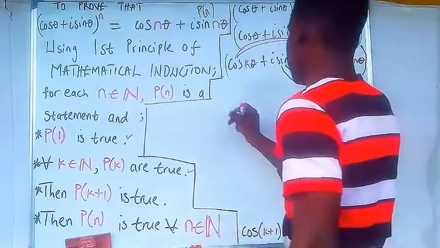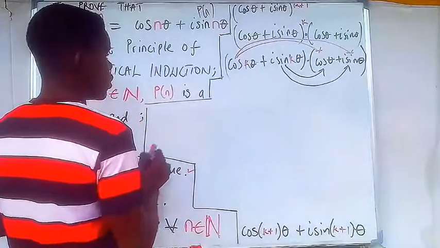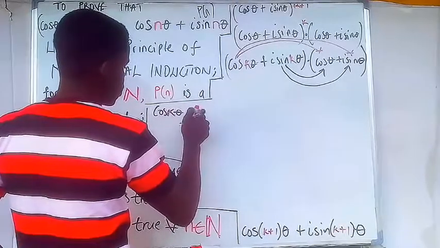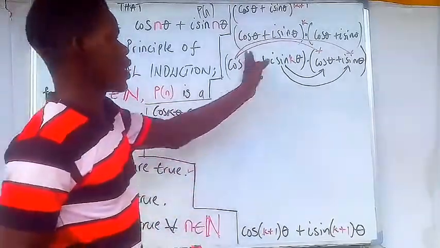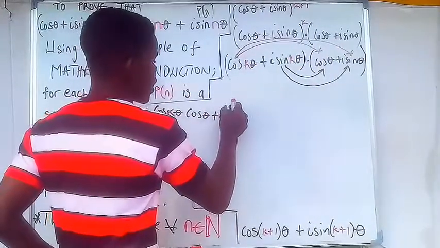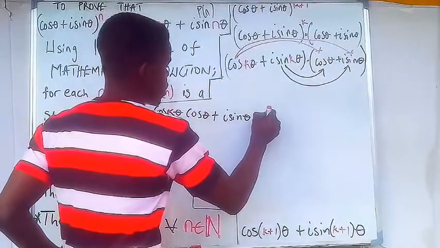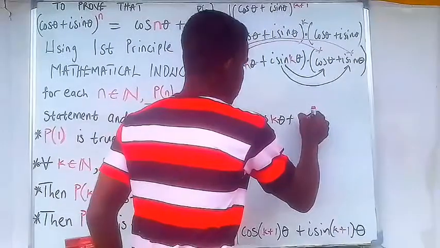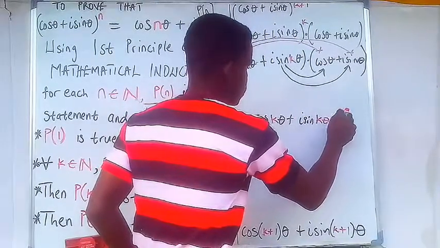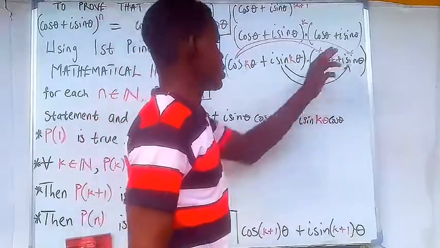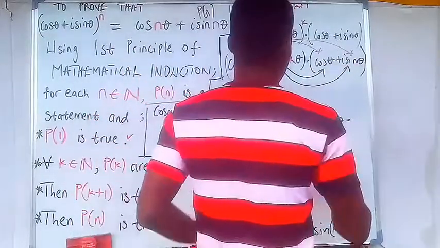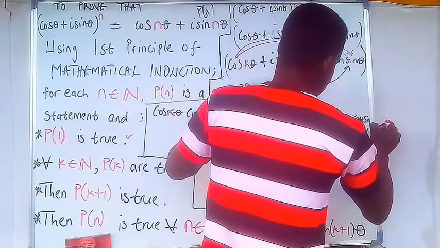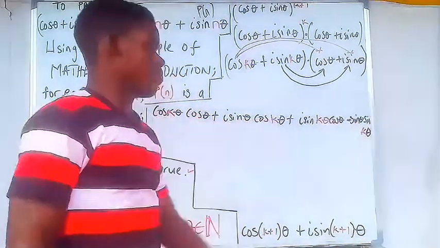So we have cosine k theta times cosine theta, plus i sine theta times cosine of k theta, plus we go ahead, this times this, we have i sine of k theta cosine of theta. Now this times this: i times i is giving us -1, minus sine k theta and sine theta, it's just sine of k theta.